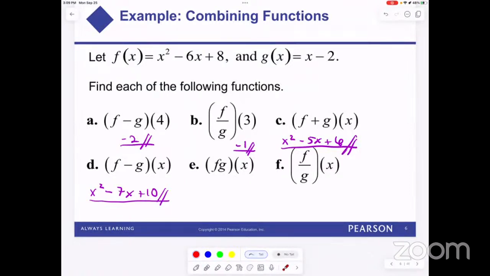And then for F, we're saying f of x divided by g of x. So now it looks like f can be factored, right? Let me see. Can we factor f into something like this, where we have x and x? Because my second sign is positive, I know my two signs are the same.